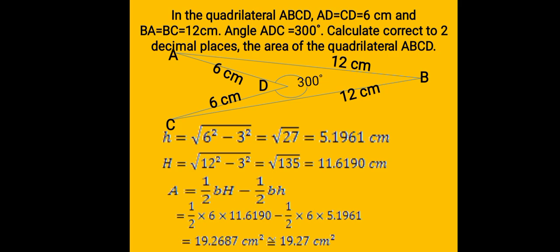Now we can find the height of that triangle ADC, taking AC as the base. So we shall divide that base into half, so that we have the height, and we shall take any side, AD or CD, to be the hypotenuse. So having the hypotenuse and half the base, the height shall be 6 centimeters squared less 3 centimeters squared, and then get the square root of the answer.